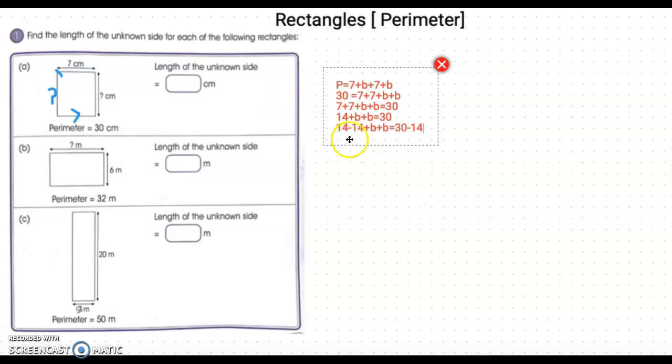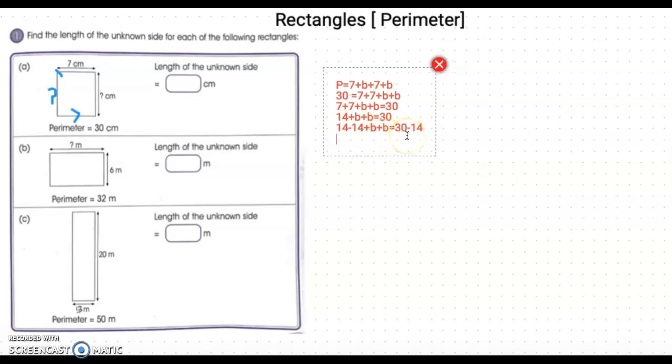This is actually what we do when we get rid of a number from one side: we have to subtract from the other side, then only the equation balances. If I subtract 14 from this side, I have to subtract 14 from the other side. Why am I subtracting 14? Because I want to get this 14 out, so it will be 0.